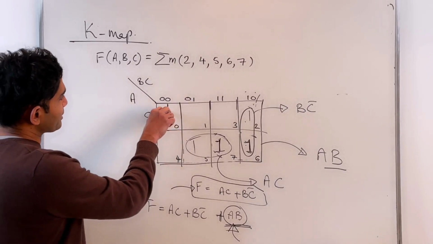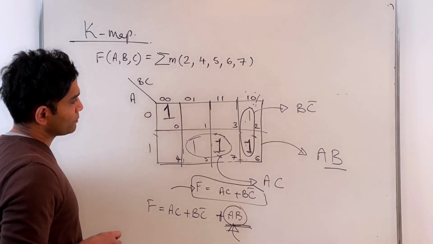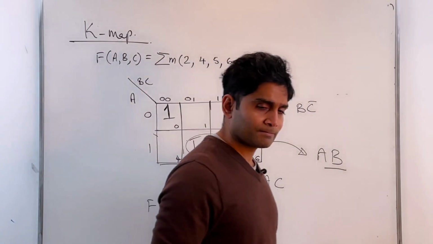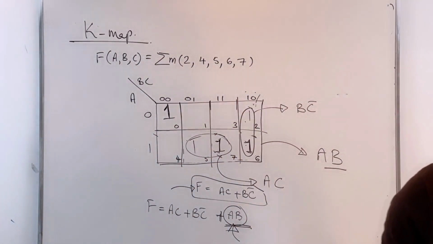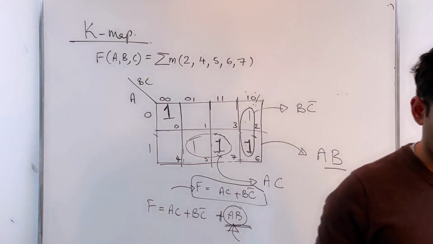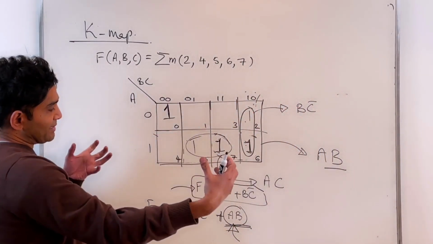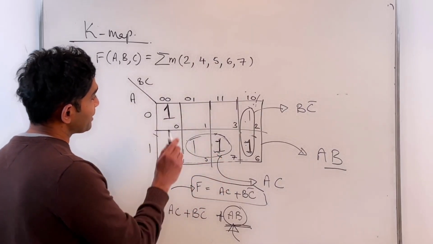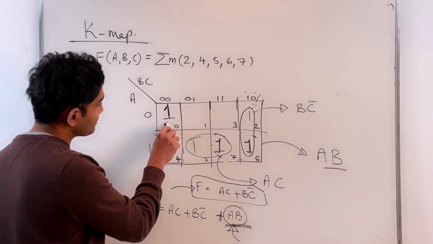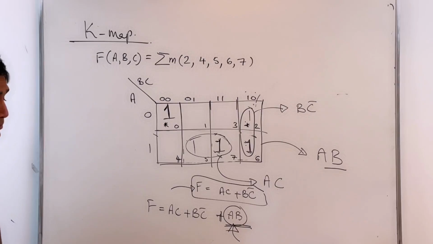Let's say I have a 1 here. Now, can I combine this? Do I see any adjacent cells here? Yes, number 2. That's correct. Even though I don't have any physically adjacent cells containing 1s, if you notice this cell and this cell, they are adjacent according to the definition, right?